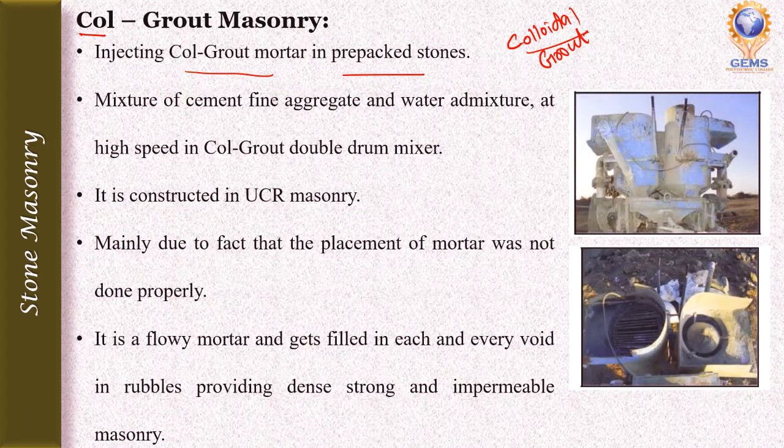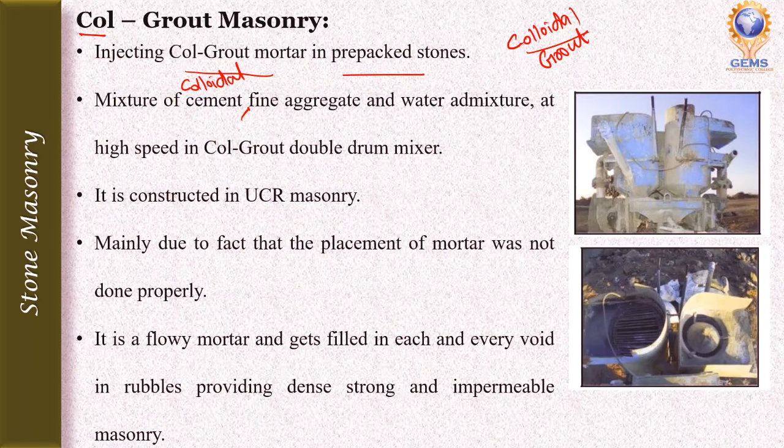How do we prepare the cold grout mortar? It is a mixture of cement, mostly colloidal cement, fine aggregate and water admixture, mixed at a high speed in a cold grout double drum mixer.